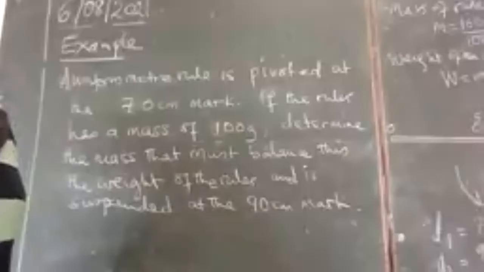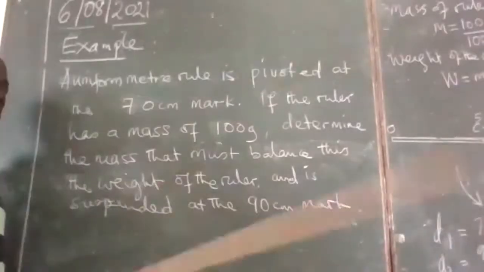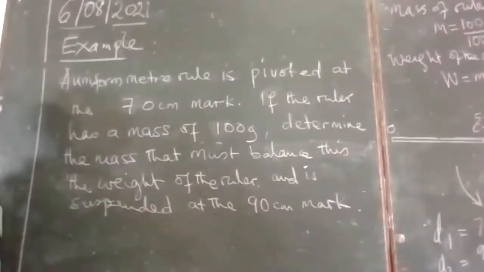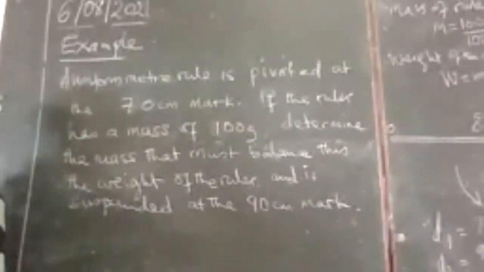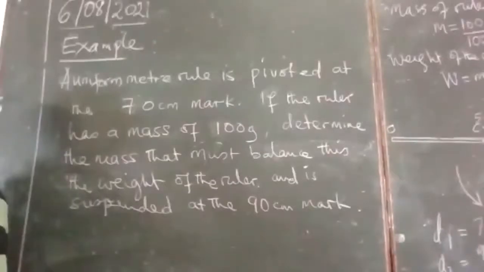Yes, next question. Yakub says, teacher, isn't the meter rule supposed to be slanting with the shorter side up, because the distances are not equal for it to be balanced?